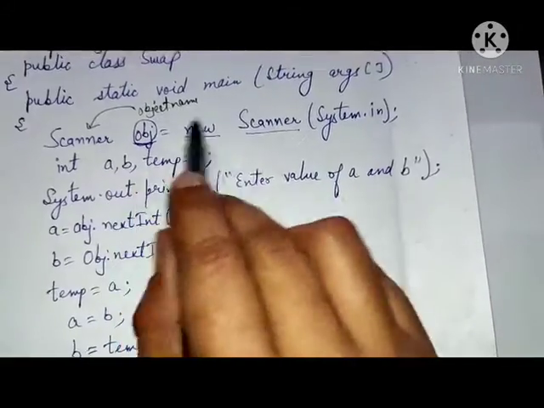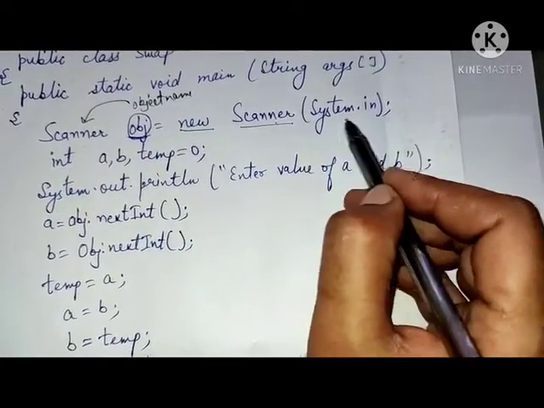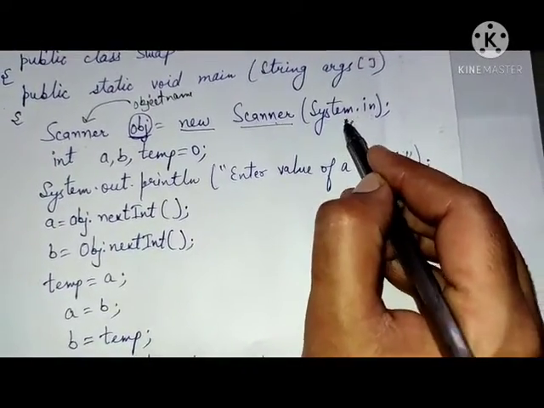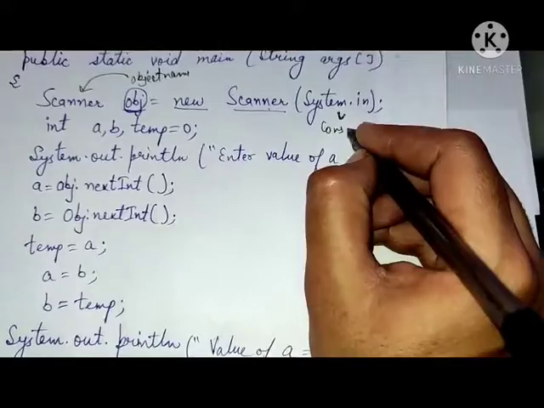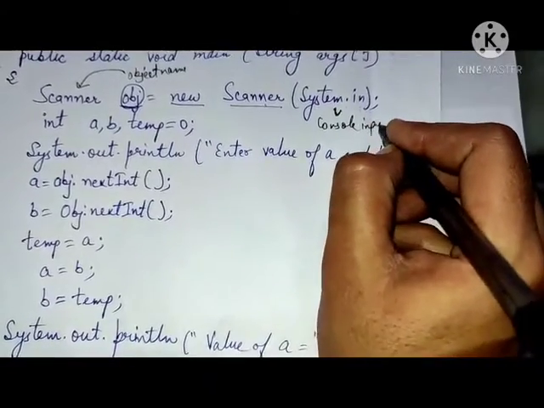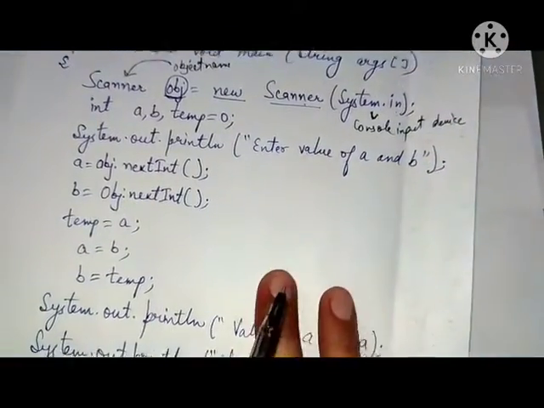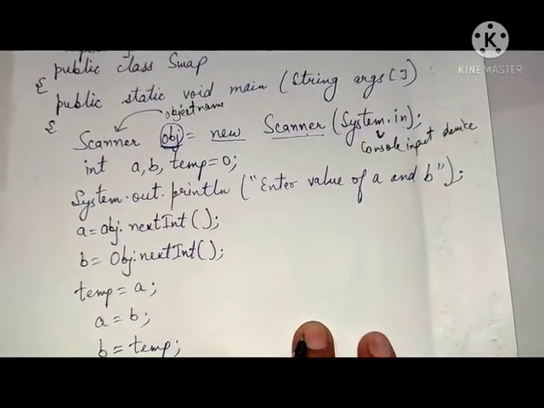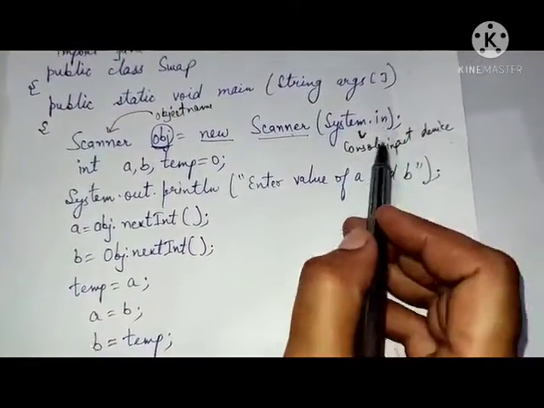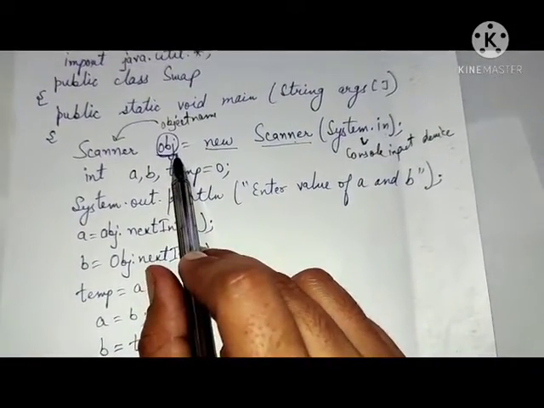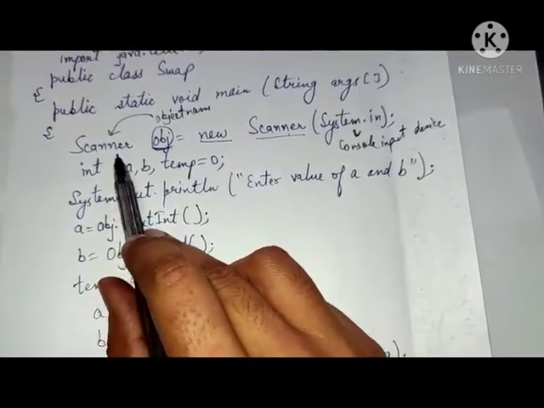This is same as the class name. Then in this parenthesis we have to pass System.in for the console input device. Which one is the console input device? Keyboard. Yes, we type the input from the keyboard. Then that input is attached to the obj object that is of Scanner class.